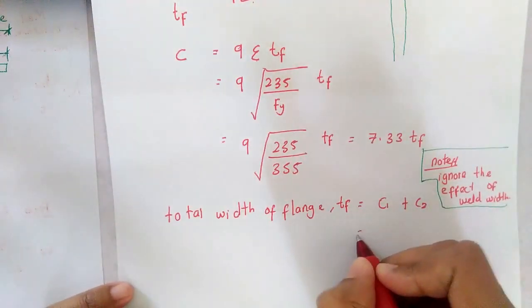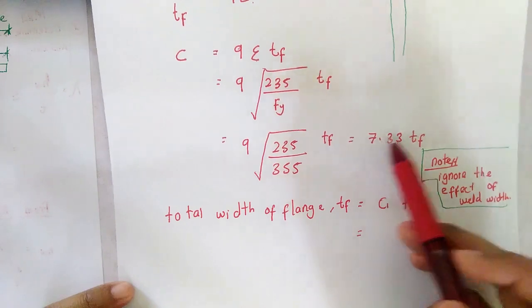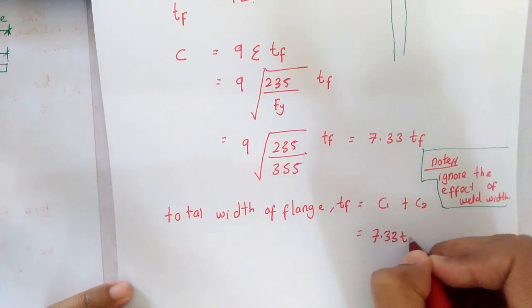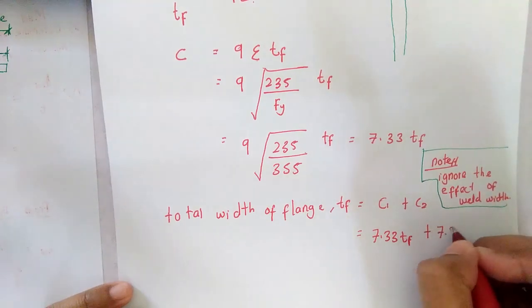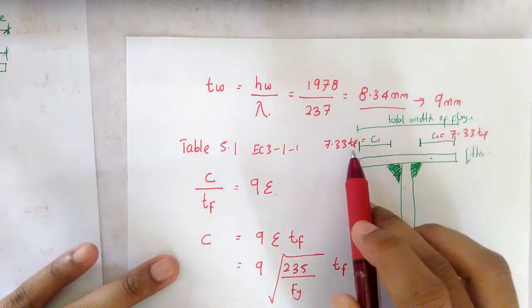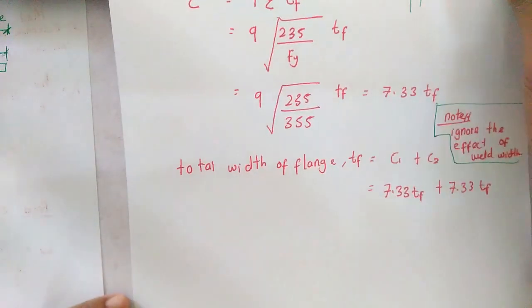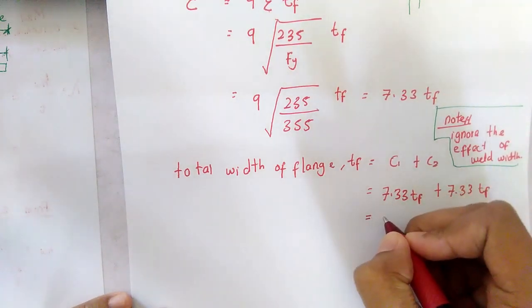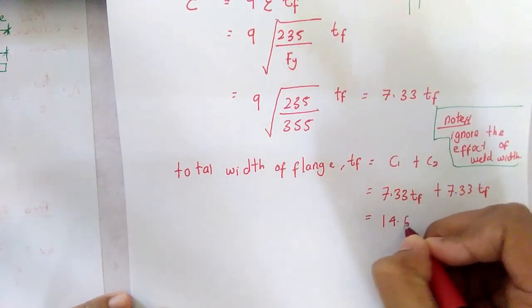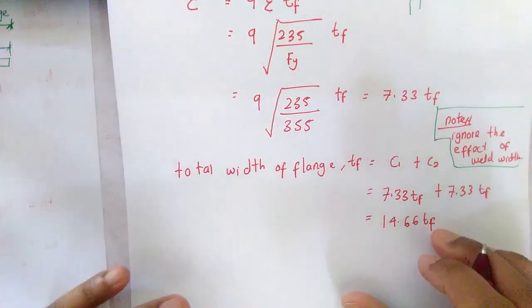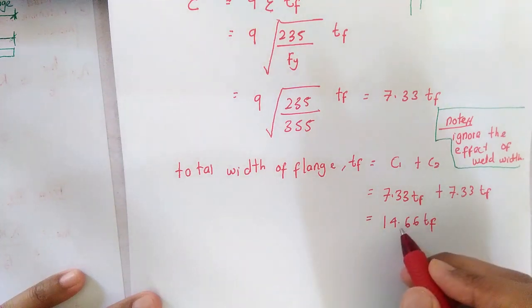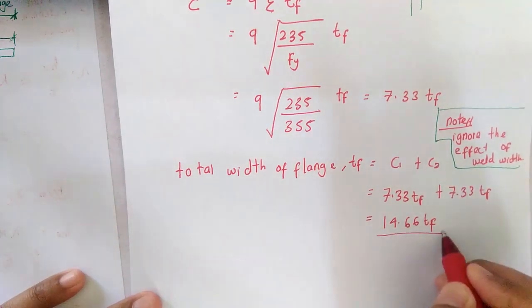So then you know that your C is 7.33 TF. So you have 7.33 TF plus 7.33 TF, whereby 7.33 plus 7.33, and finally you end up with 14.66 TF. So the total width of the flange is 14.66 TF.